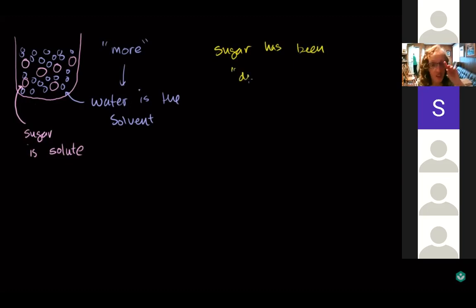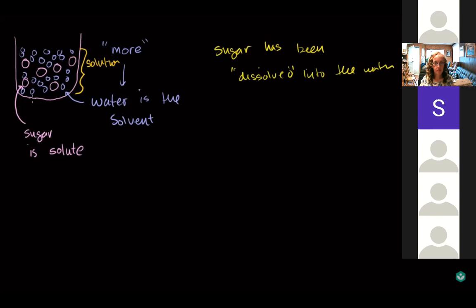And this whole thing right here, the combination of the water and the sugar molecules, we call a solution. And a solution has a solvent and a solute. The solvent is water, that's the thing doing the dissolving. And the thing that is dissolved is the sugar. That's the solute.